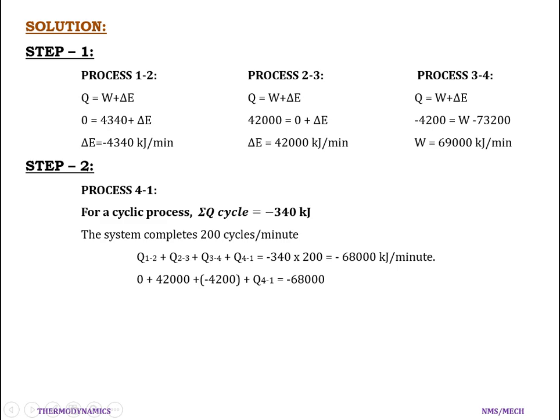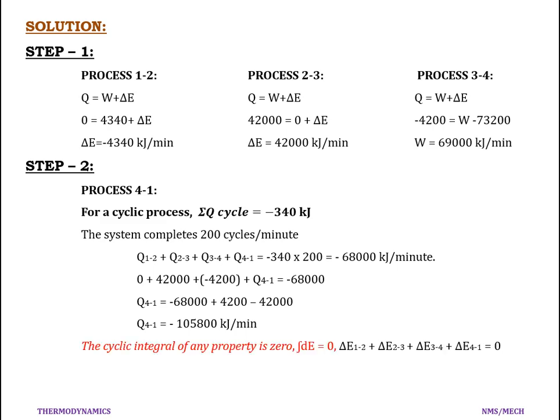By making some arithmetic calculations, you get the value for Q4 to 1 equal to minus 1,05,800 kilojoule per minute. So for the process 4 to 1, we calculated the value of the heat transfer only. By using this Q value, we calculate the other two values, that is work done and delta E value.